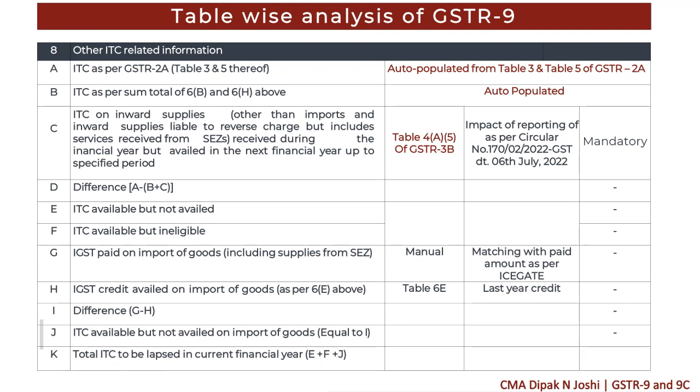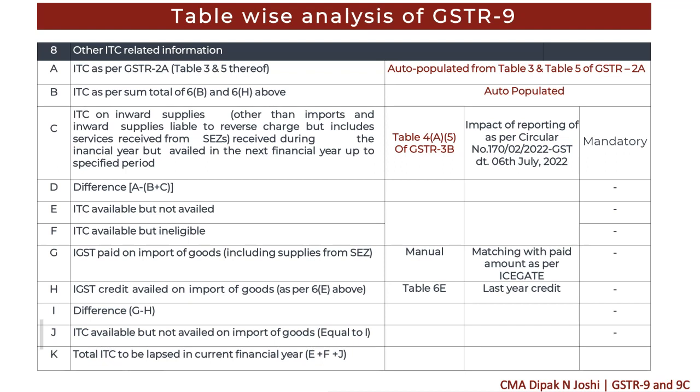So there you attach your additional reconciliation, whereby you can communicate to the department that this difference is because of, say, opening credit of previous financial year which is taken in the current financial year, or this difference is because of the impact of recredit, which is taken according to circular number 170/2/2022.